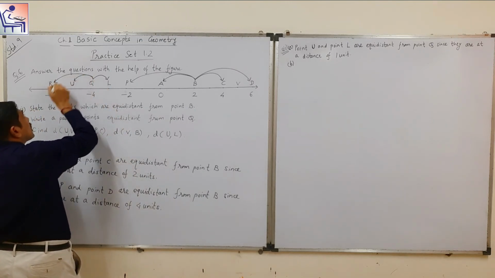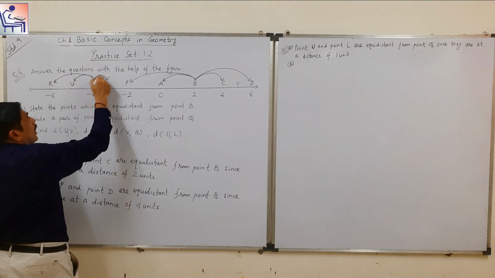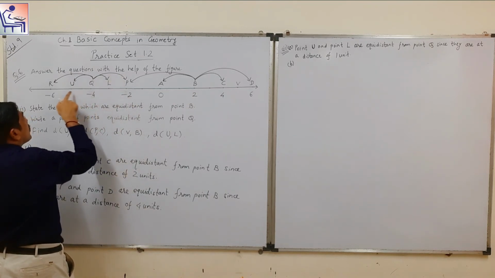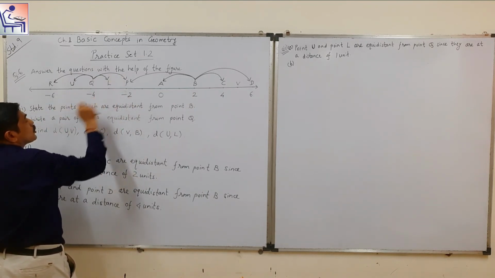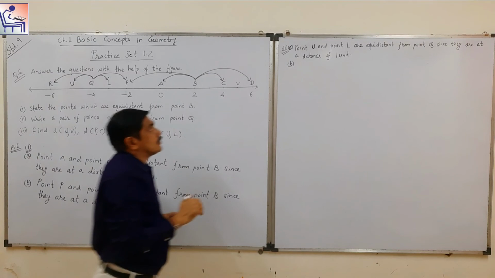Similarly, you can find the next pair from point Q. From here if we look, R and P. So first and second, here also 1 and 2 means there are 2 units each.